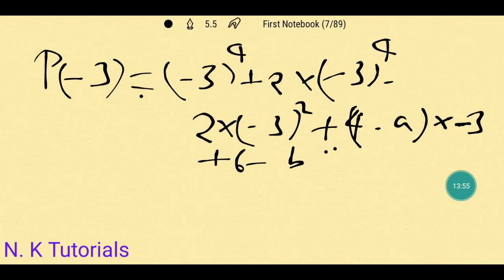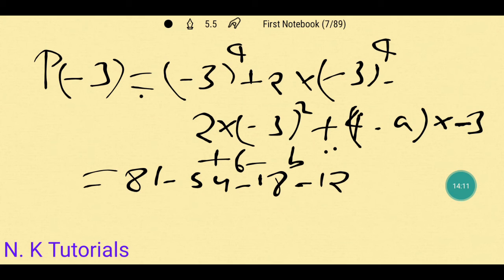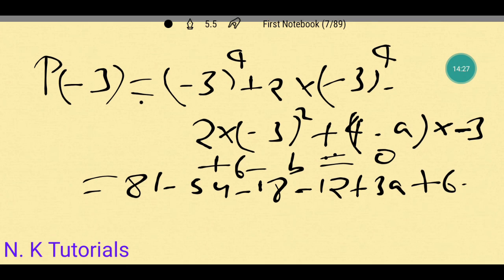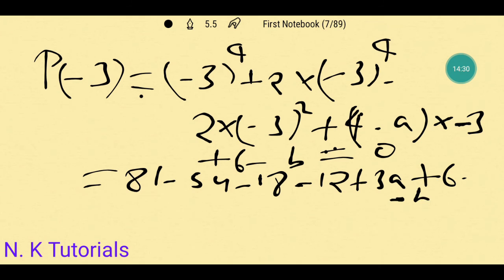As you solve it, it will come 81 minus 54 minus 18 minus 12 plus 3a plus 6 minus b, and this will be equal to 0 as per the factor theorem.